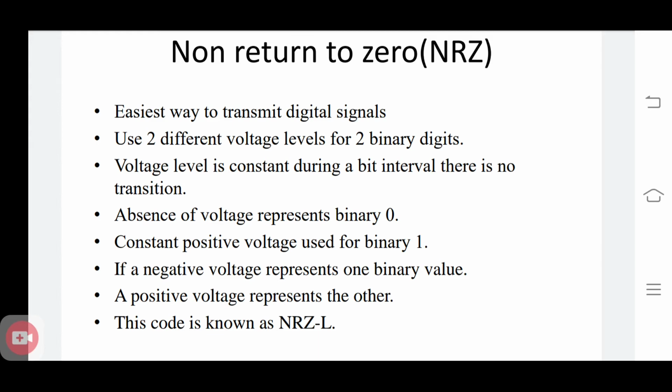You can use an absence of voltage. That is the first mechanism in non-return to zero, or simply non-return to zero encoding. And another variation of non-return to zero is NRZ-L, in which positive voltage is used for binary 0 and negative voltage is used for binary 1.